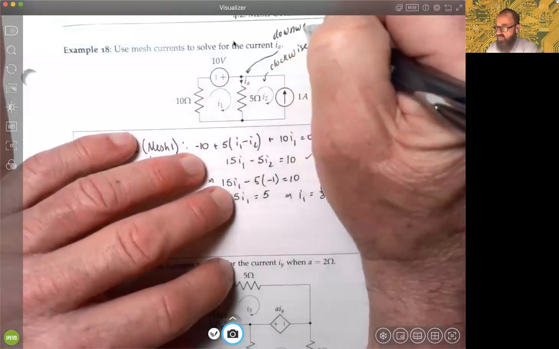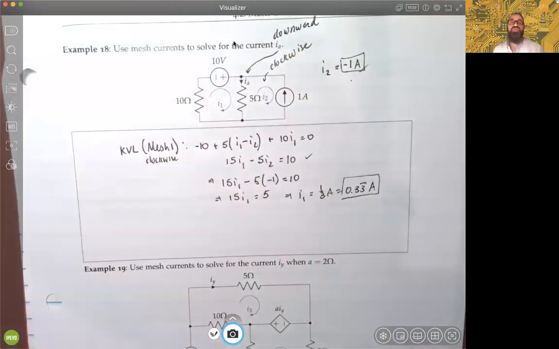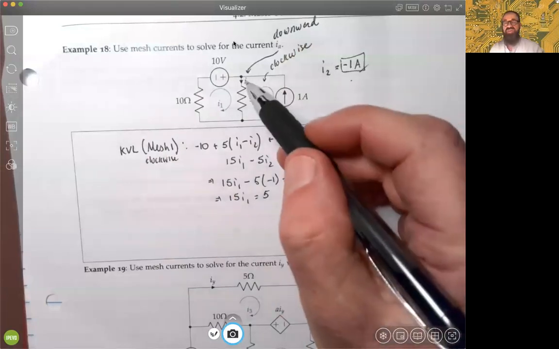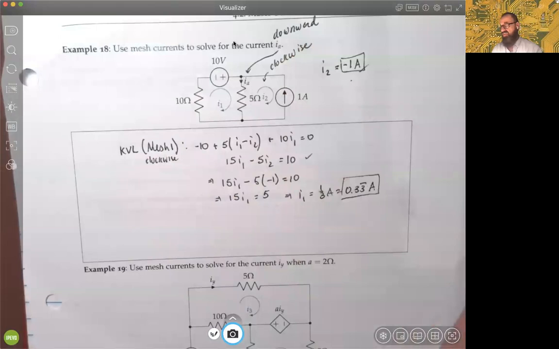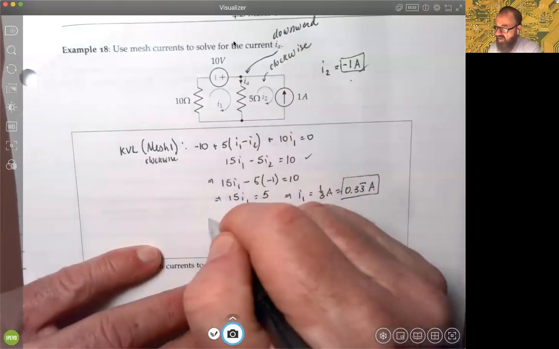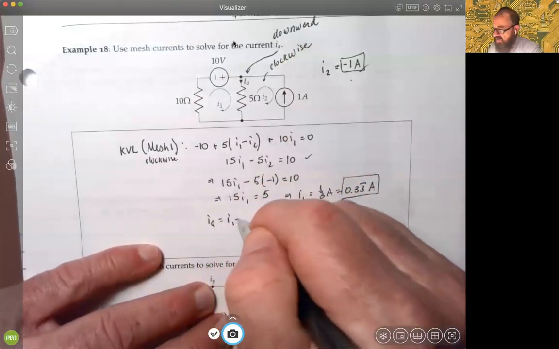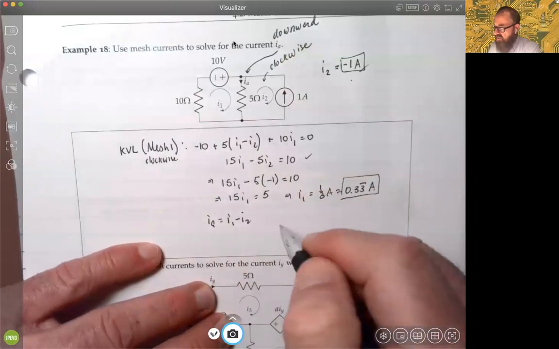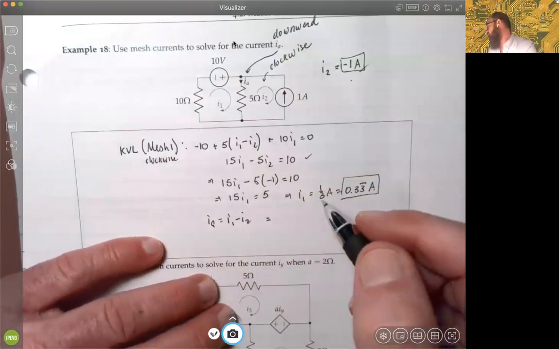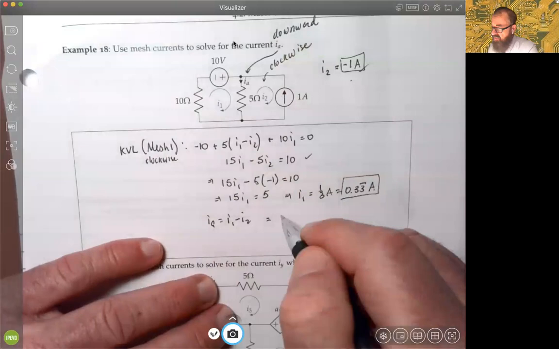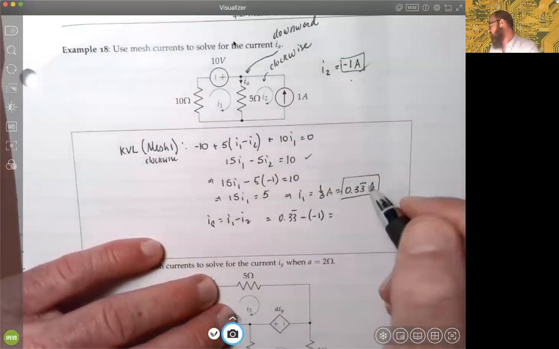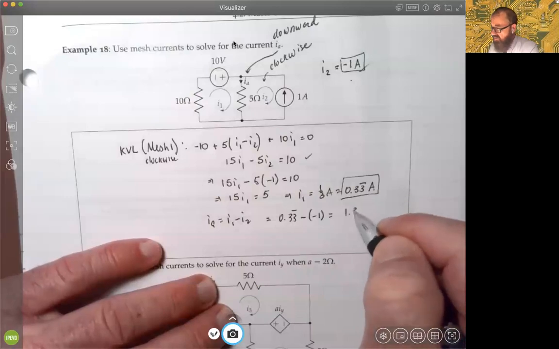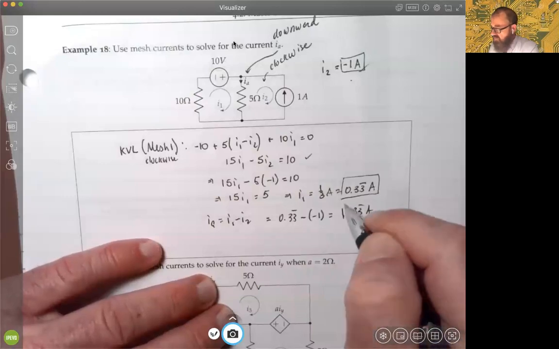That's important. What reference direction is being used? Because the reference direction being used means downward, again, I1 is in that direction, correct? So therefore, I sub A is I1 minus I2. So in this case, we're going to get a third, 0.33, minus the minus 1, so it'll be 1 1/3 amps, okay?